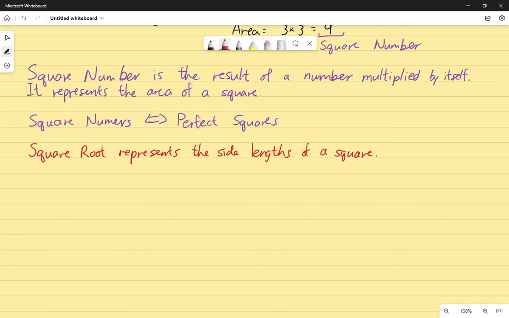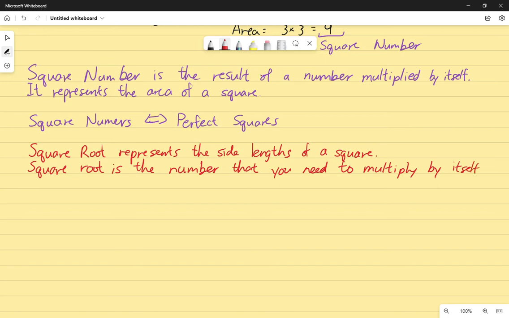Okay, so how do you find the side length if you already have the area? Well, so how do you find the square root? The square root is the number that you need to multiply by itself to get the result. Okay.